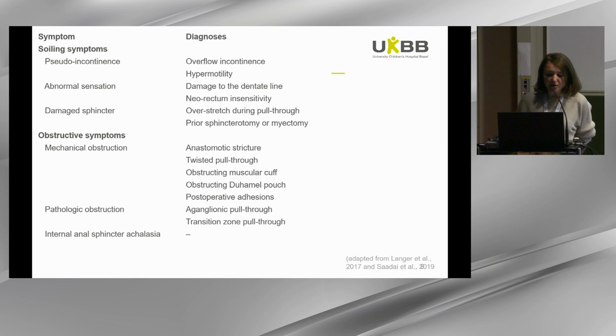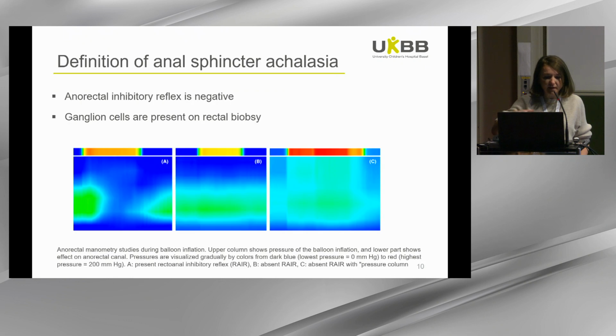And then always what pops up on those differential diagnoses is internal anal sphincter achalasia. And I just want to point out, it's really important, that this is only a symptom and not a diagnosis in those patients, because the definition of anal sphincter achalasia is that those patients have a negative anorectal inhibitory reflex, but they do have ganglion cells on the rectal biopsies.